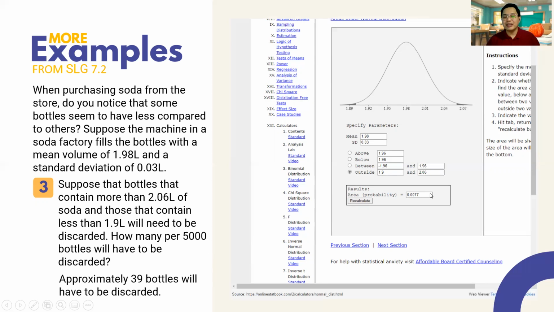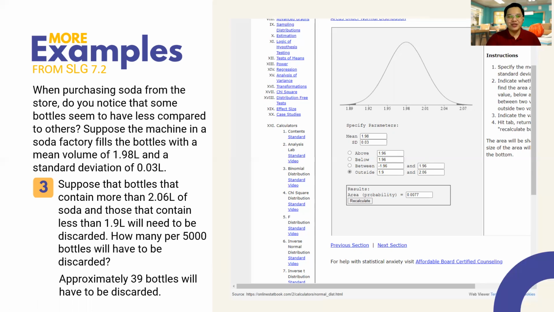When you multiply 0.77% for this area by the 5,000, you should get around 38.5. So that's approximately 39 bottles, which means that given these conditions, around 39 bottles will have to be discarded because they do not fit the standards that the factory set for its production.